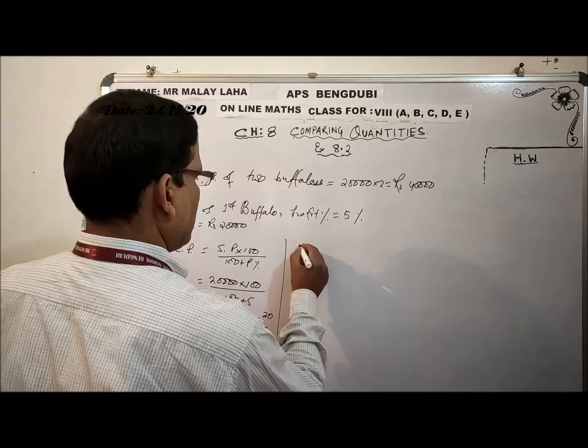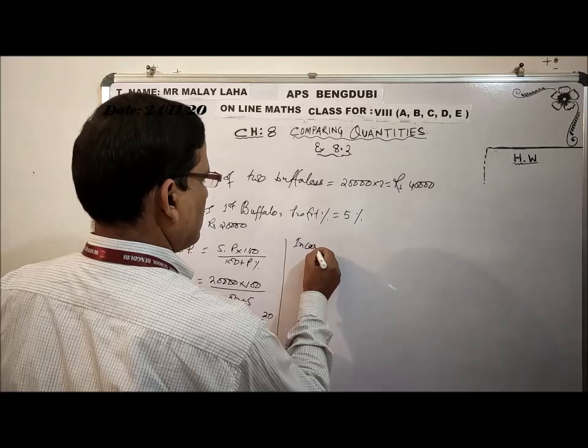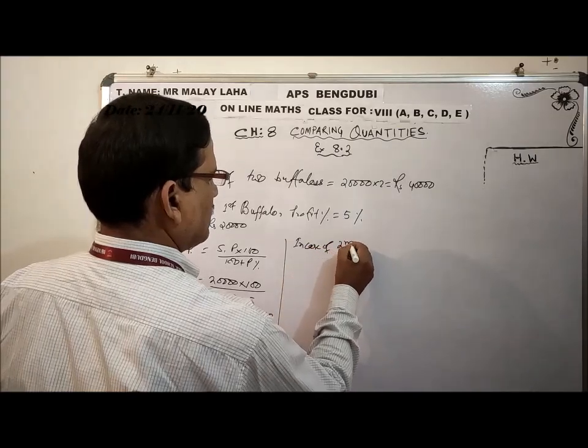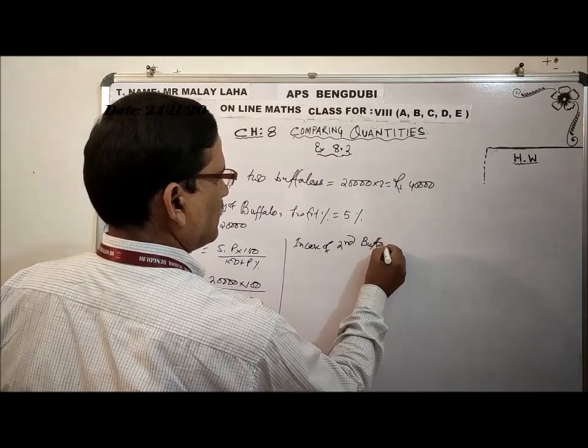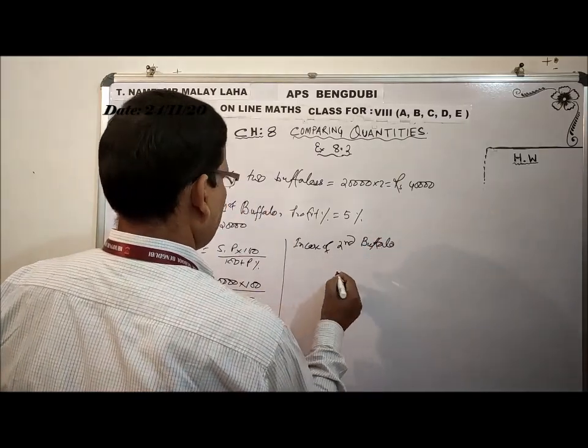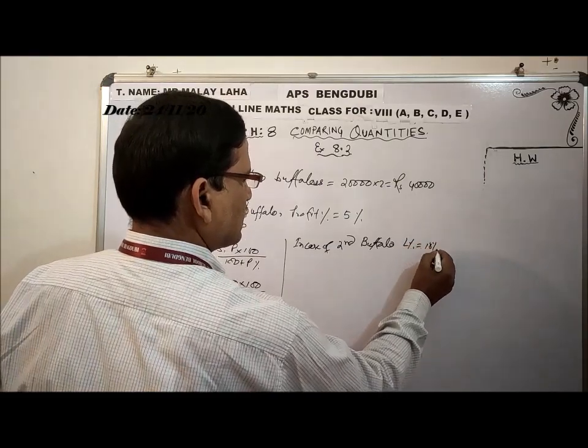Same way, in case of the second buffalo, loss percentage is equal to 10%.